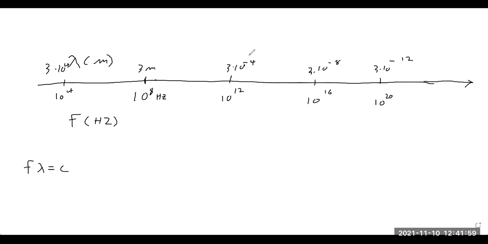The part of this spectrum of waves that we can see is not so big. You can see just a little window in here, from 750 nanometers or so up to around 400 nanometers.